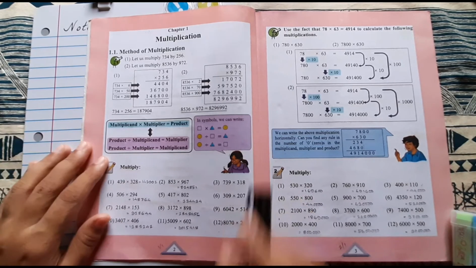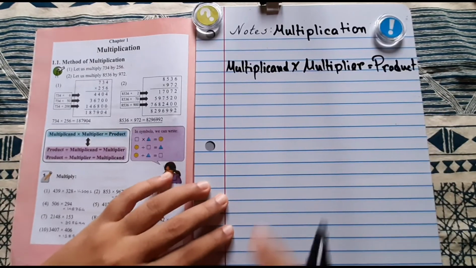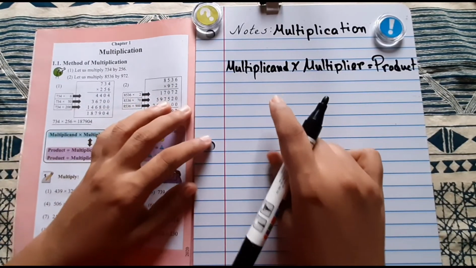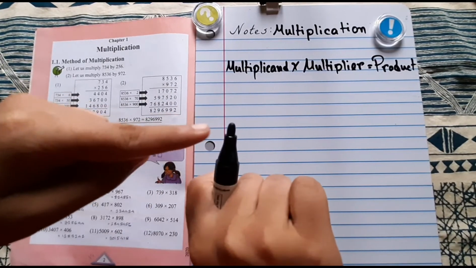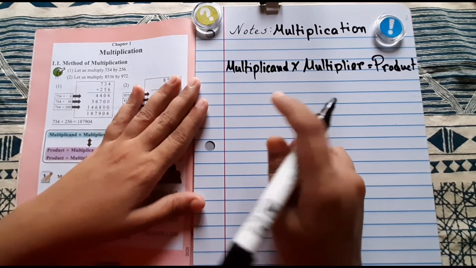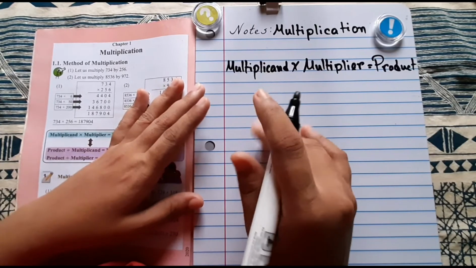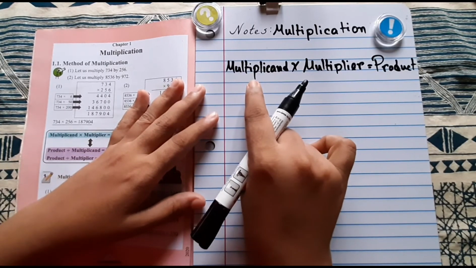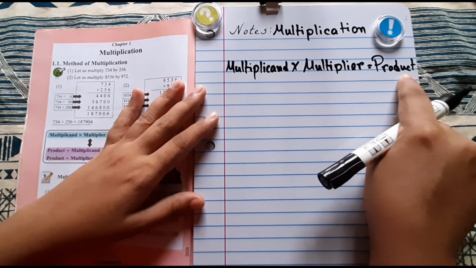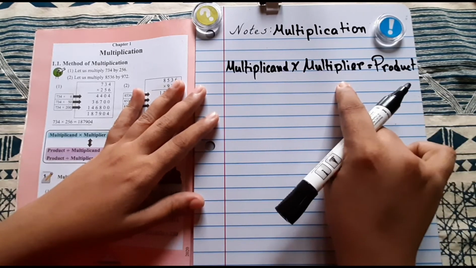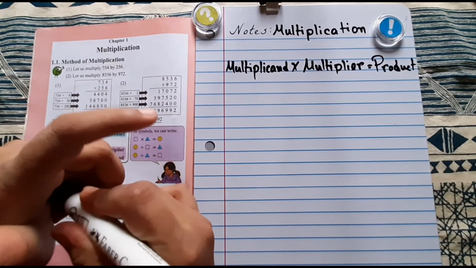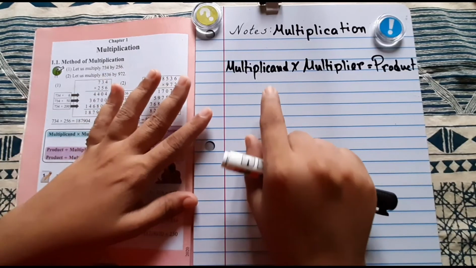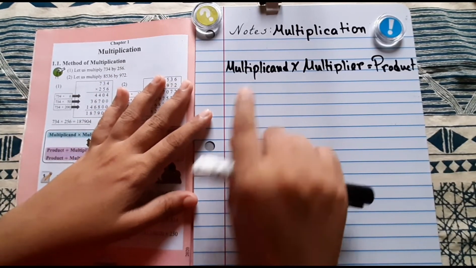If I want to say, let me show you. You can see that I have written down the formula. Anyway, if you want to find out the product, it is already given: multiplicand into multiplier. But when you want to find only the multiplicand, at that time what will happen?